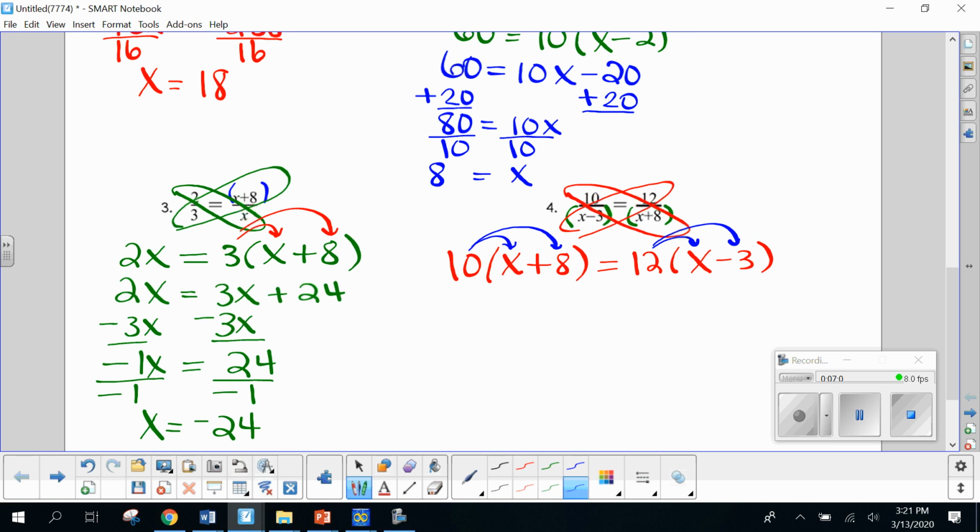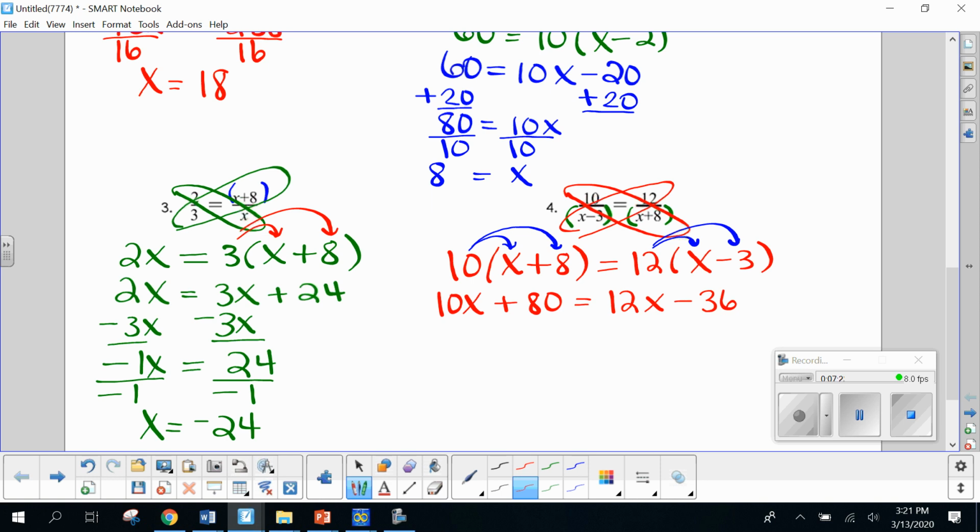10 times x gives me 10x. 10 times 8 is 80, so you have plus 80, is equal to 12 times x is 12x. And 12 times negative 3 is negative 36.